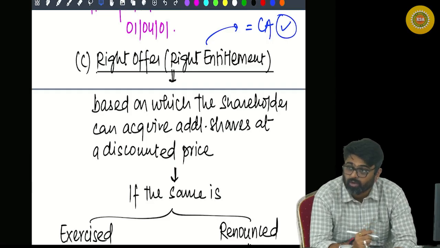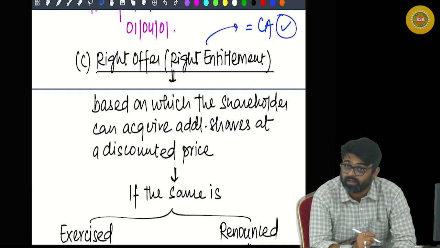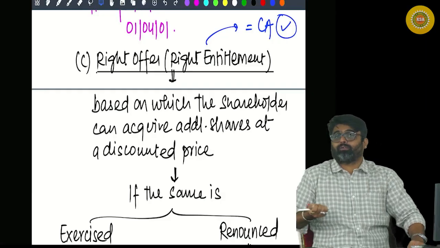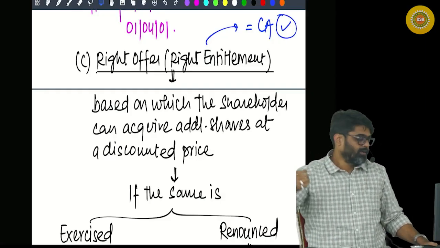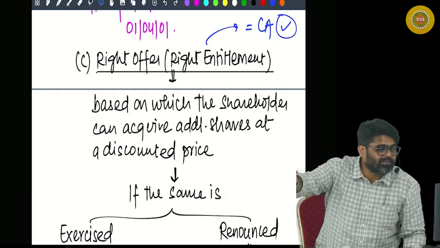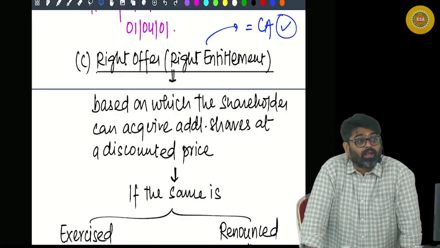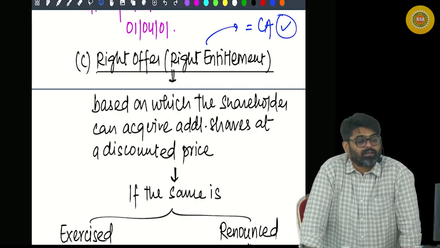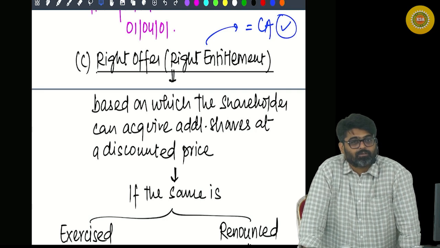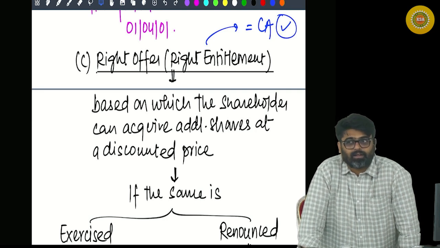So you have another option. You can give away this right to someone. Giving away your capital asset. A right is also a capital asset.